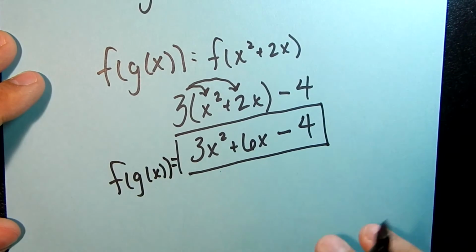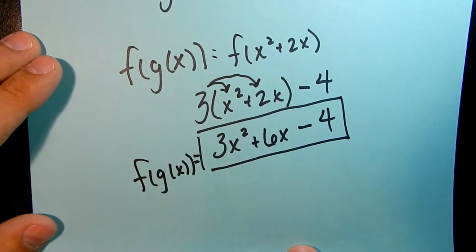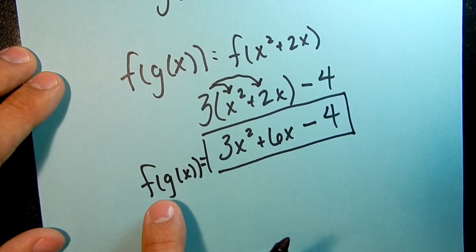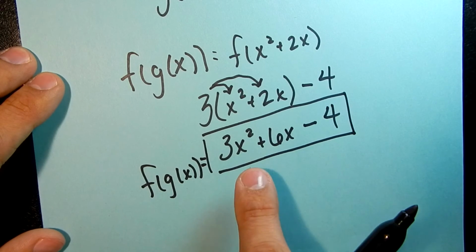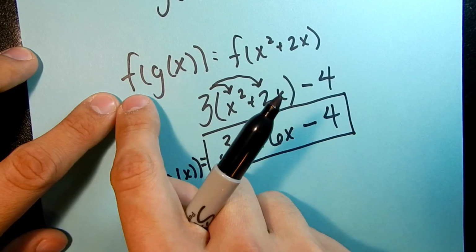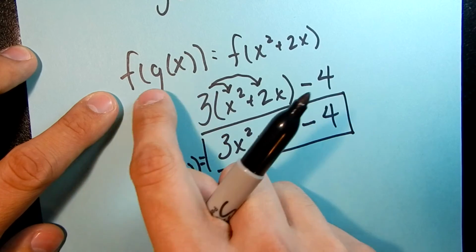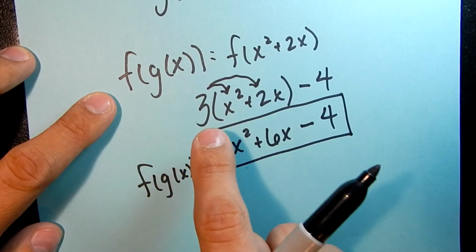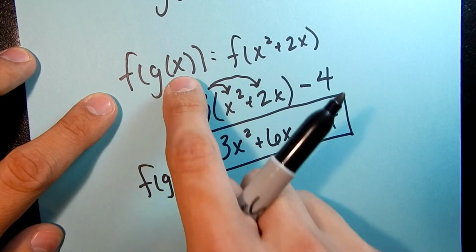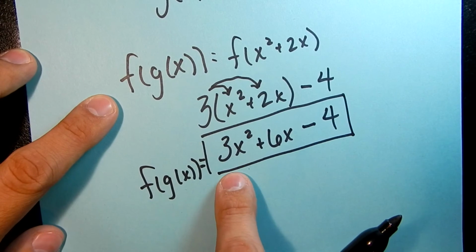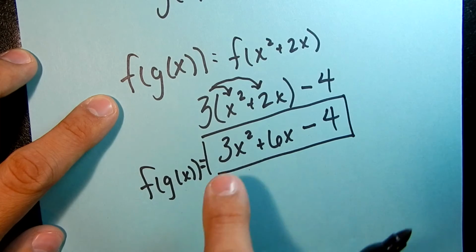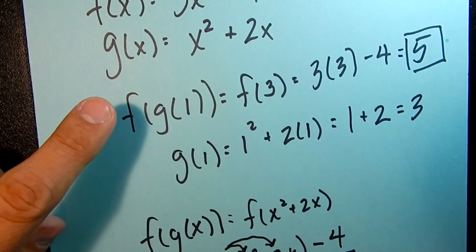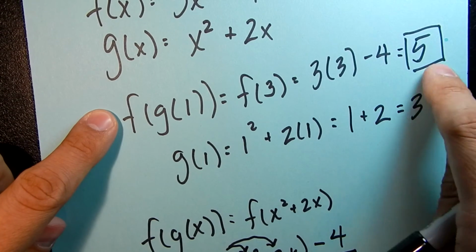So if you're doing a lot of composing of functions, if you're composing a lot of different things together, especially if you're using f of g of some input, f of g of 6, f of g of 9, f of g of 12, if you're finding a whole bunch of outputs, it would be quicker to find your formula and then plug numbers into your formula. For example, we found f of g of 1 above, and we ended up with 5.